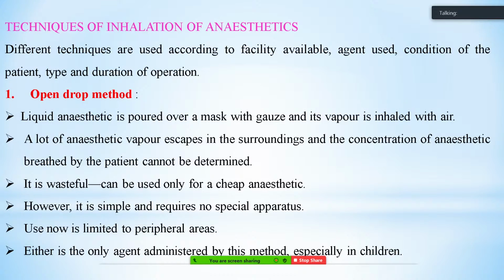Ether is the only agent administered by this method, because it is very cheaply available, especially for children in minor surgical procedures. Gauze is dipped in ether and applied on the face of the patient without any specified mask, and then minor surgeries can be conducted.